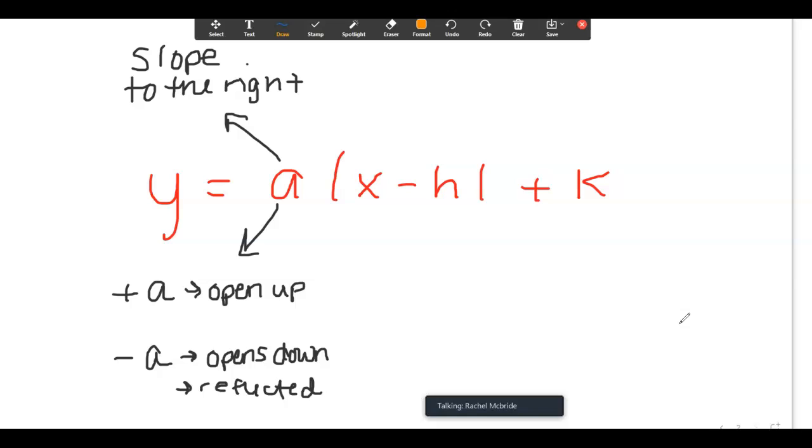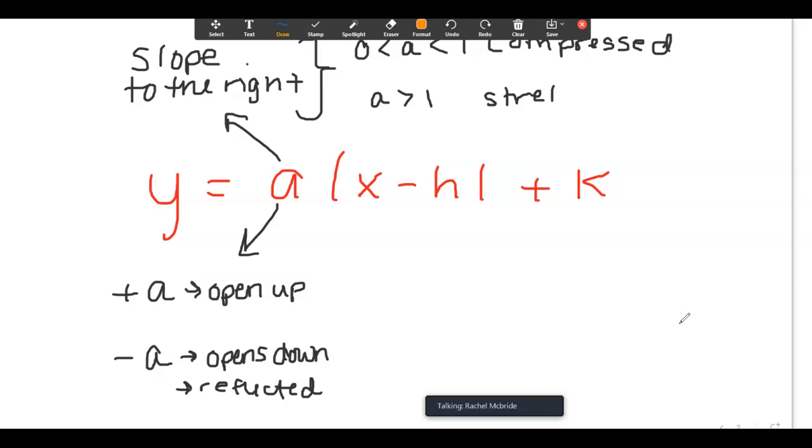Now, the slope can be described in one of two ways. If the A value is a fraction between 0 and 1, then our graph is considered compressed. If the A value is greater than 1, then my graph is considered stretched.